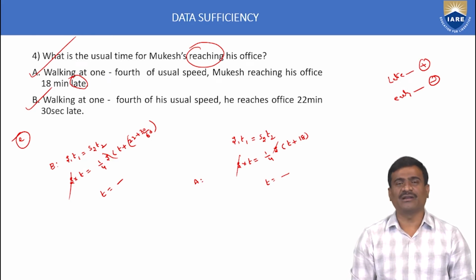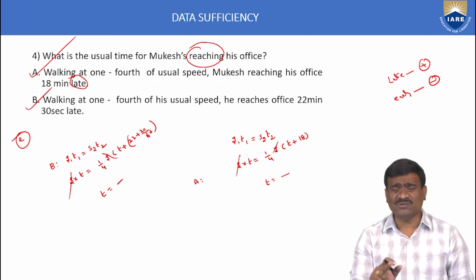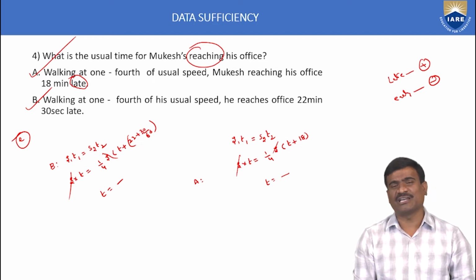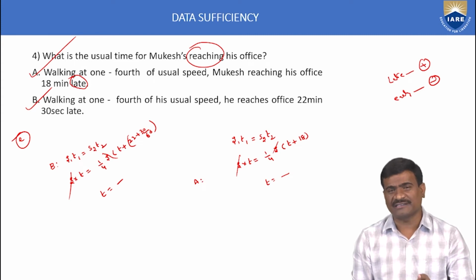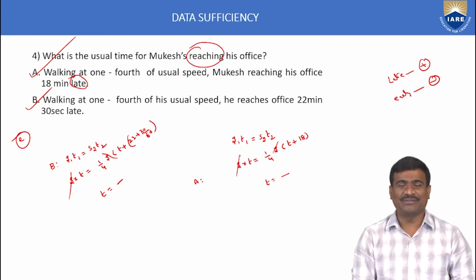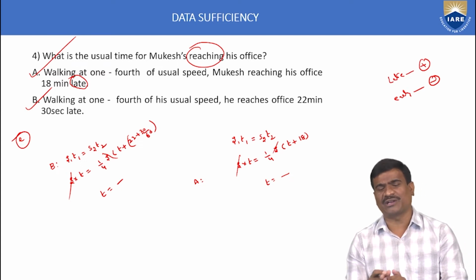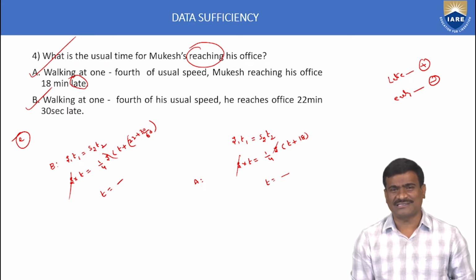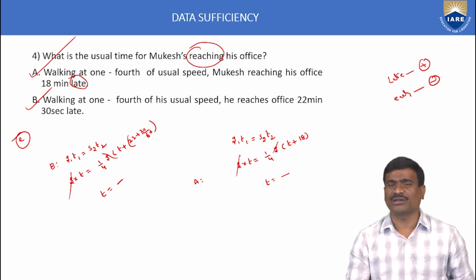Here in the fourth example, S1 T1 is equal to S2 T2, where S1 is the usual speed, equal to S, and T1 is the usual time, equal to T. Then S2 is equal to 1 by 4 into S, and the time is either late or early.